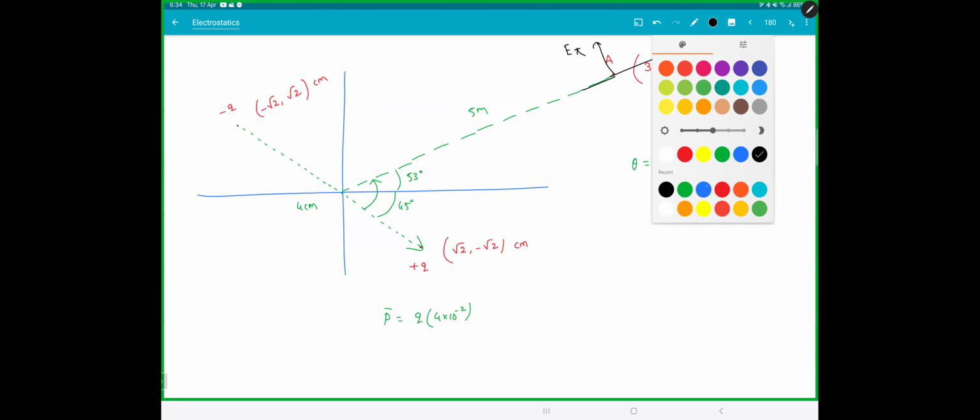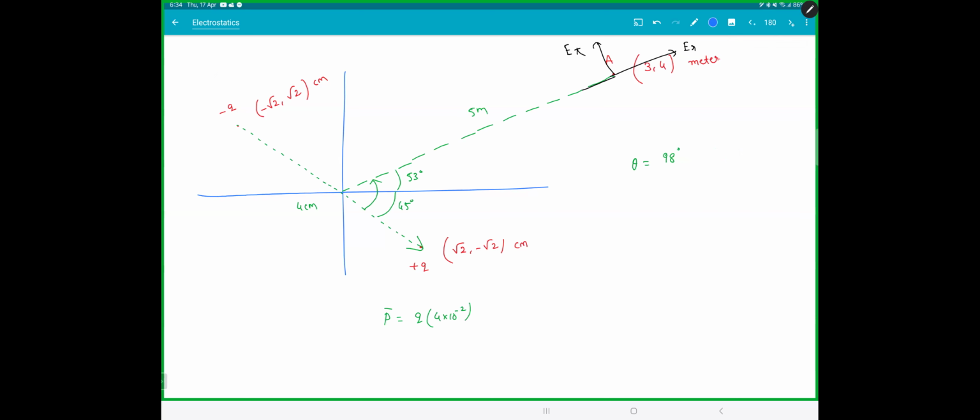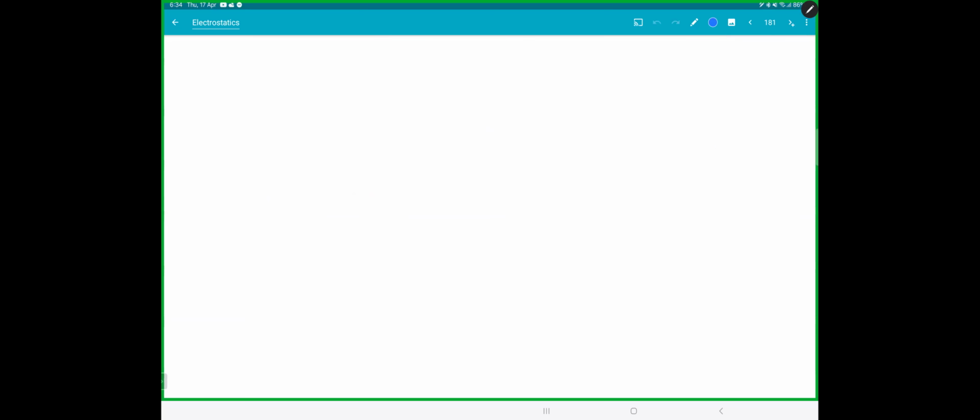Next thing. So let's say we have a dipole here at the origin. So find the locus of points.